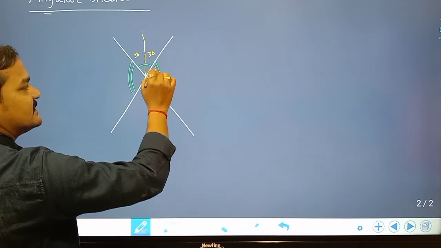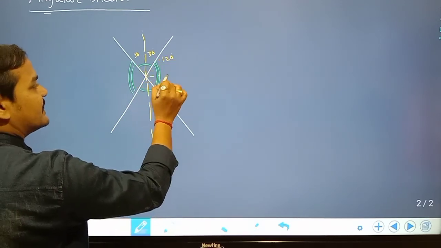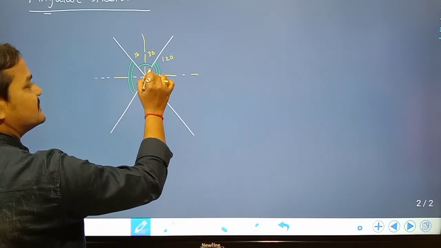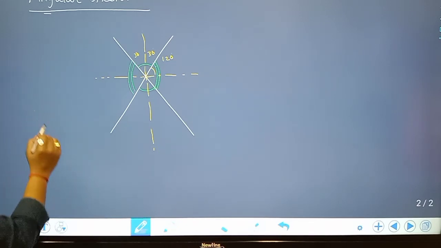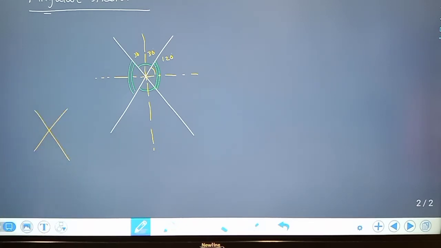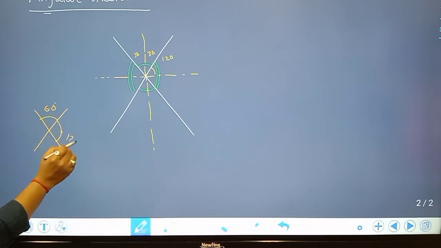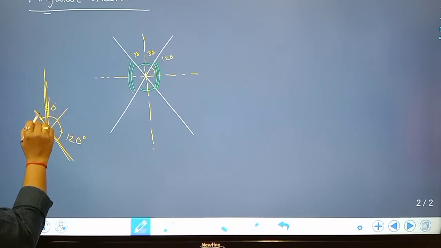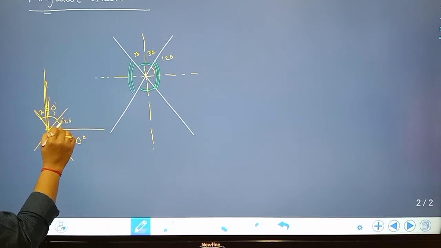This angle is 60, so automatically this angle is 120. So there is another line which divides the angle of 120. Yes or no? You can clearly see. These are the two lines. Suppose it is 60 degrees, then this is automatically 120 degrees because it is a straight line. If this is divided into 30, 30 equally, then automatically this one is divided into 60, 60.